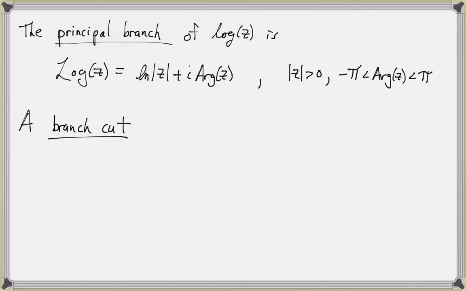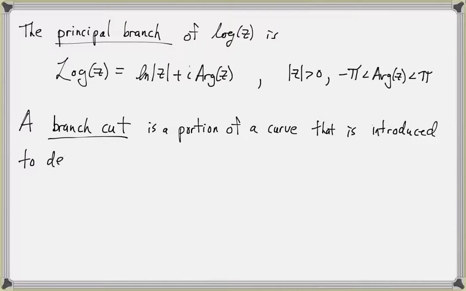So a branch cut is a portion of a curve, and the curve could just be a line, that is introduced to define a branch capital F of the function little f.